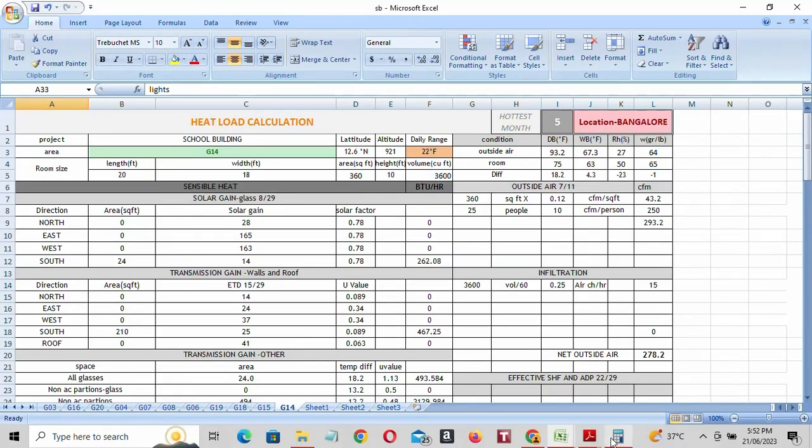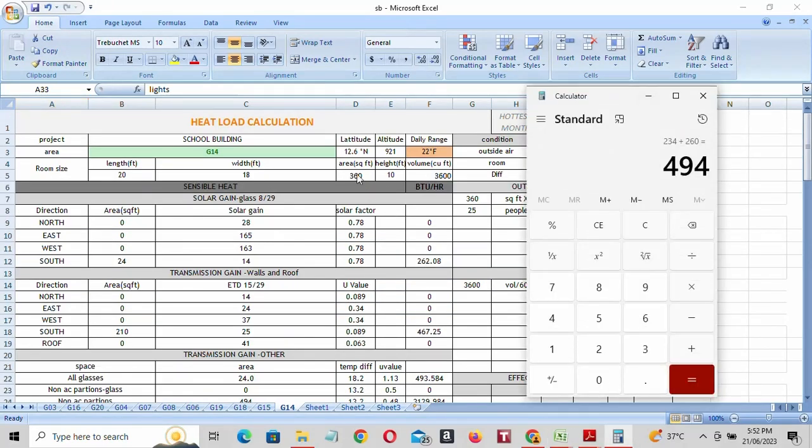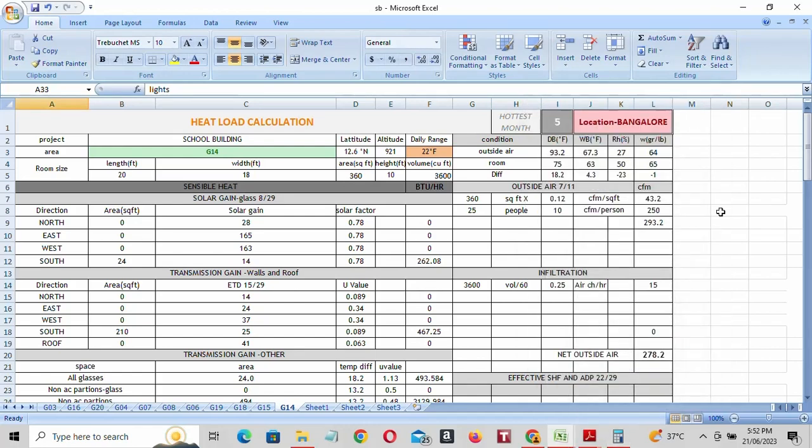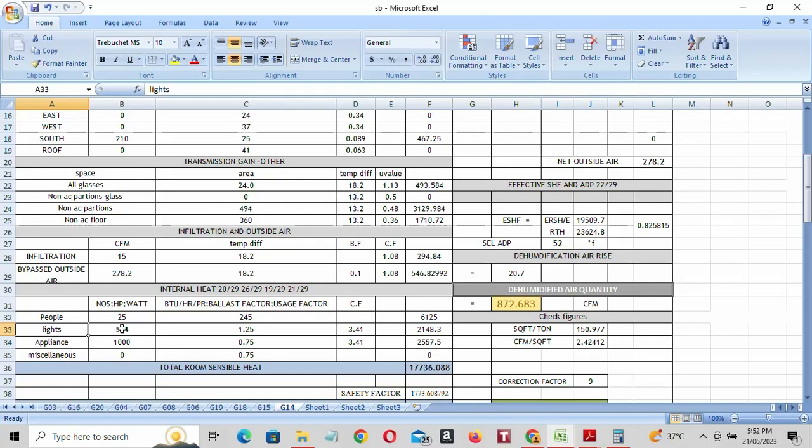Our room area is 360 square feet into 1.4. So you get 504 watts. Next is this ballast factor, this constant 1.25. This conversion factor also remains constant, 3.41. If you multiply, you will get this value.